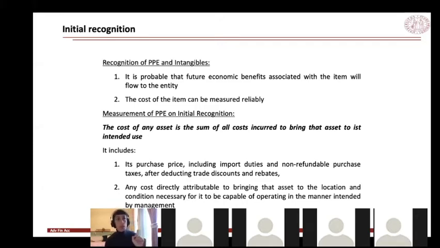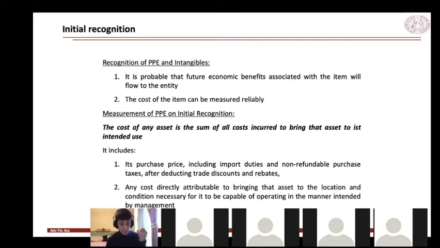So you buy a machinery that produces the products that you're selling. It works, it's functioning. You have an invoice with the price that you paid for acquiring that asset. So the second criterion is met.